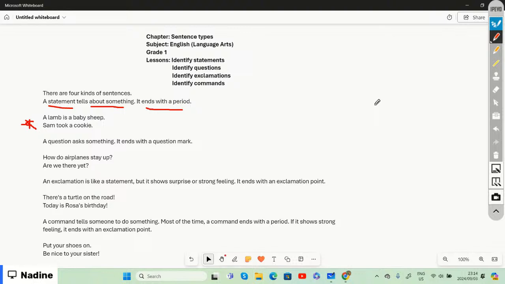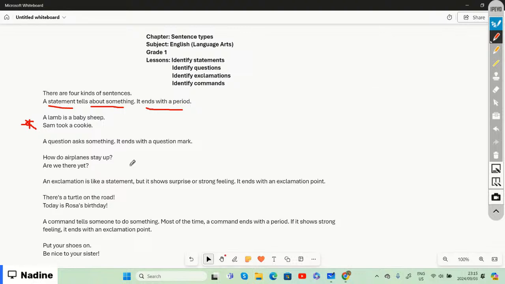Even a statement like I have two sisters and one brother, you are just telling someone something. I have three siblings. I live over there. That is a statement, and the statement ends with a period.